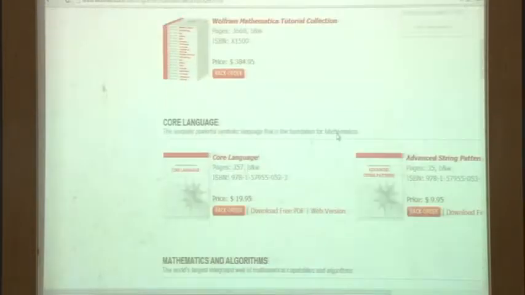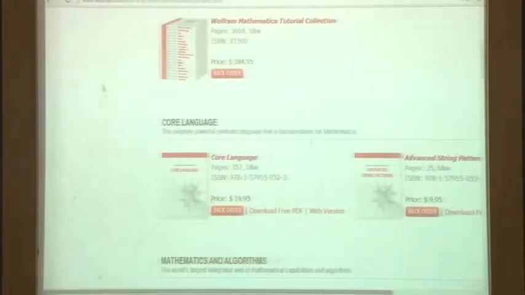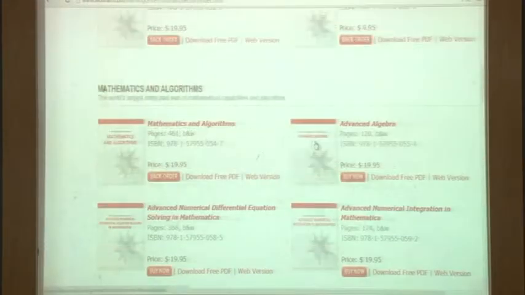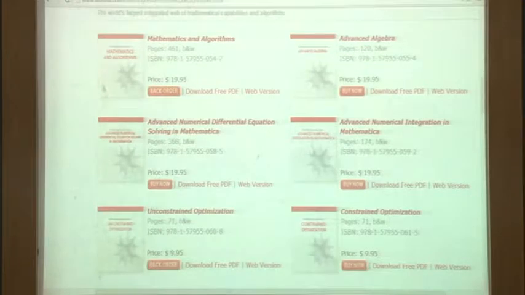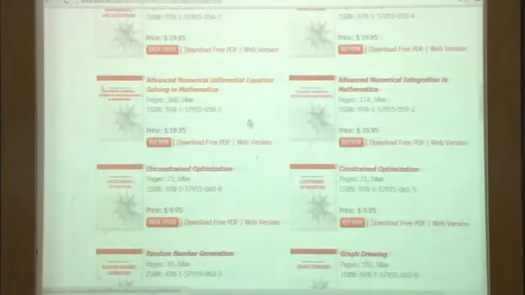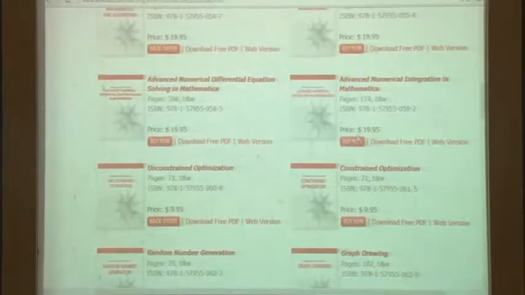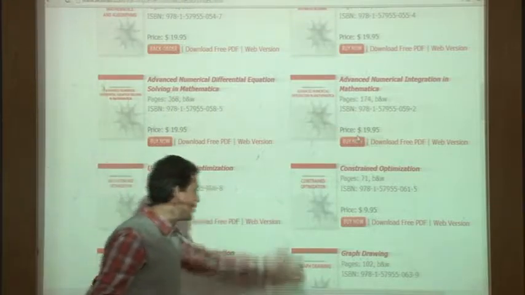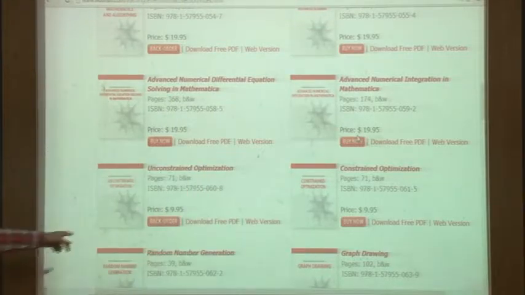You can see that here you got for the core language, for advanced string patterns, mathematics algorithms, advanced algebra, advanced numerical differential equations, advanced numerical integration, 174 pages. Just dealing with advanced numerical integration. And constraint optimization, random number generation for cryptography, alright? For example, there you go, 39 pages, just focus on random number generation.